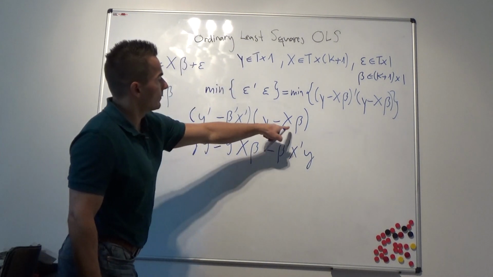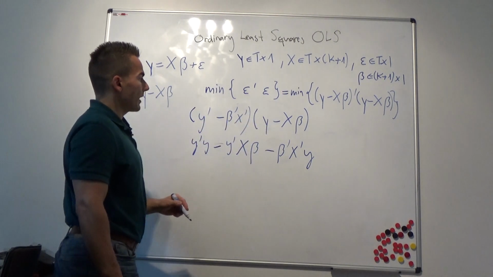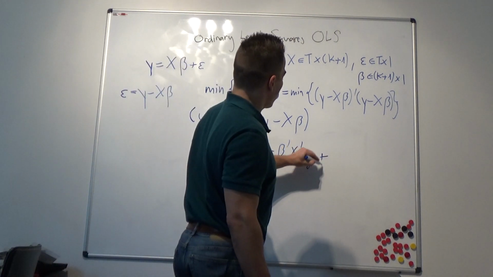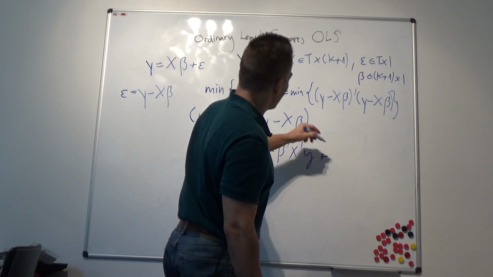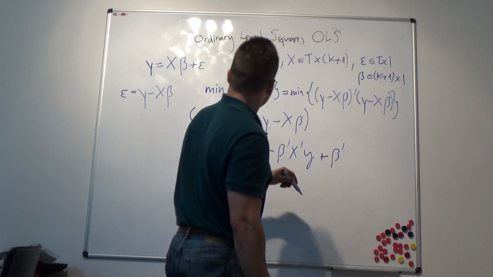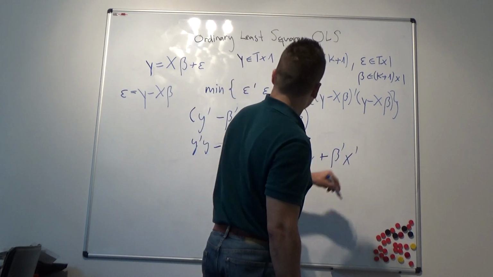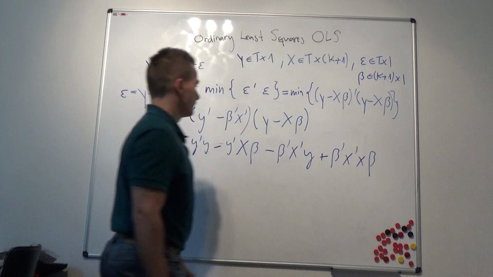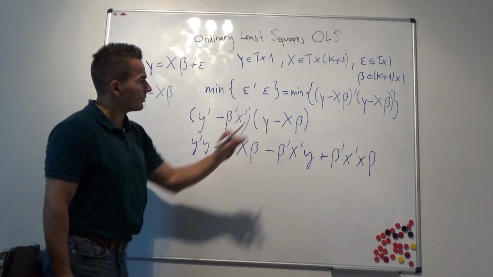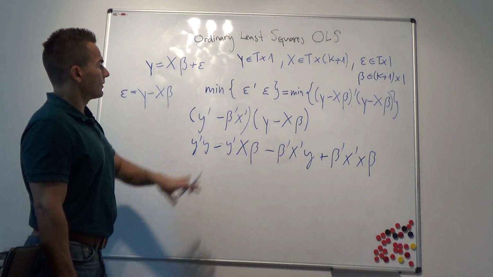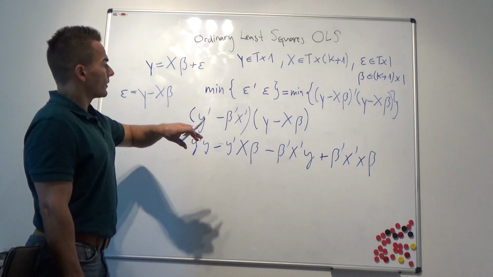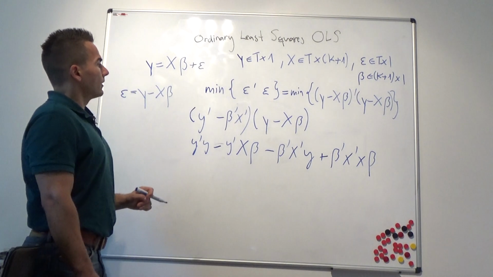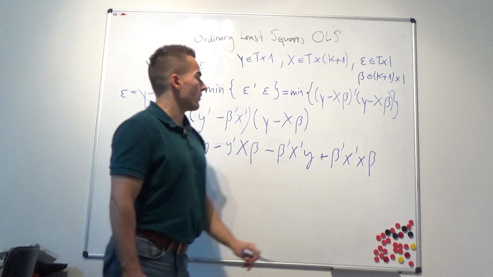This guy times this guy, minus times minus becomes plus. So what we have here is plus beta transposed X transposed X times beta. So we have just multiplied out the parentheses after we have transposed the elements of the first parenthesis here.